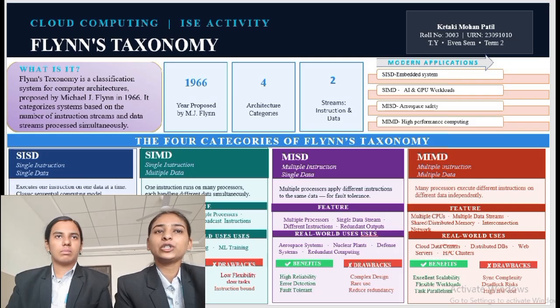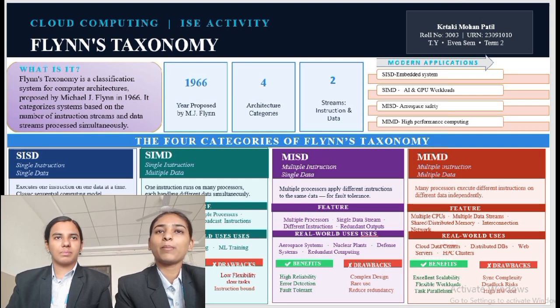Why is Flynn's taxonomy still important today? It is important because in everyday life there are so many tasks operating in parallel. We are doing multiple things at the same time. Suppose we are listening to music or chatting on WhatsApp with friends, and at the same time downloading some file in the background.